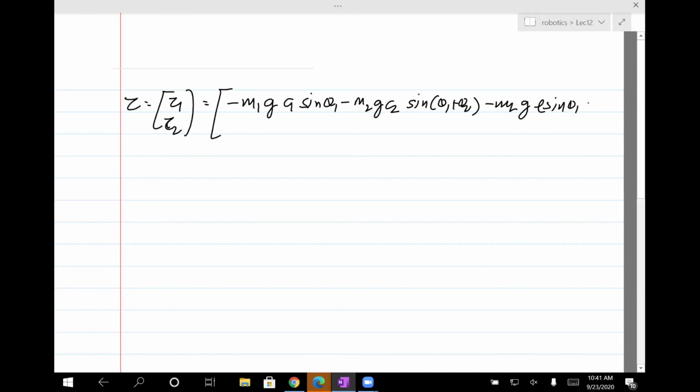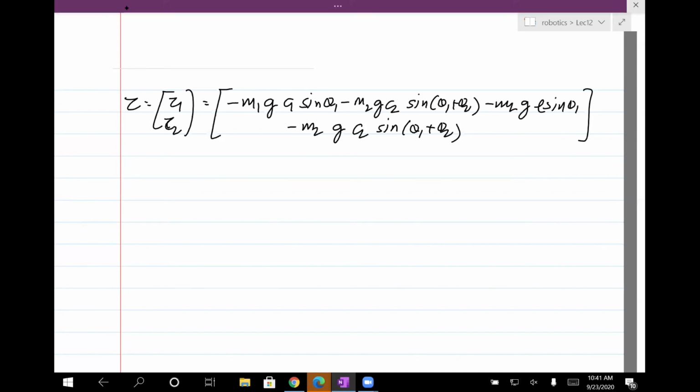That's torque 1. And torque 2 is simply M2G C2 sine of theta 1 plus theta 2. You can see that torque 2, the torque on the second link, only depends on mass 2, which makes sense. Okay, so that's the answer.